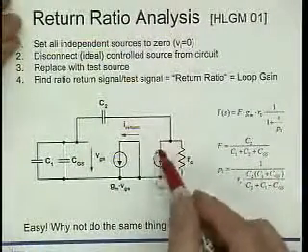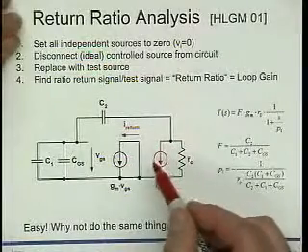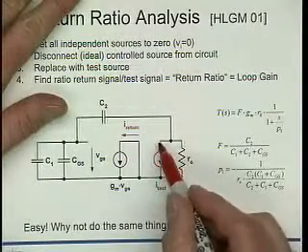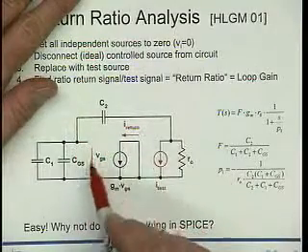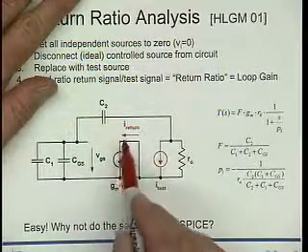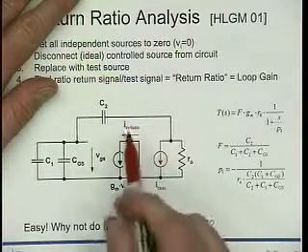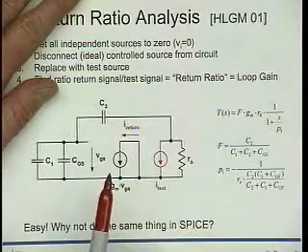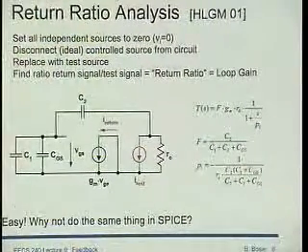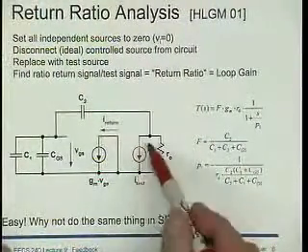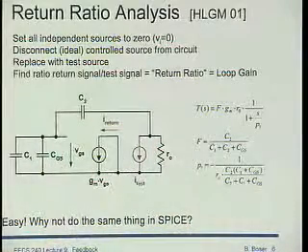Then I drive the now open output with a test signal that flows into our output node and produces a voltage here that ultimately gets turned into a current over there. The ratio of these two is my loop gain, and that's what I've done over here. So I get one pole from this node, and this is just a voltage divider, which gives me no pole.